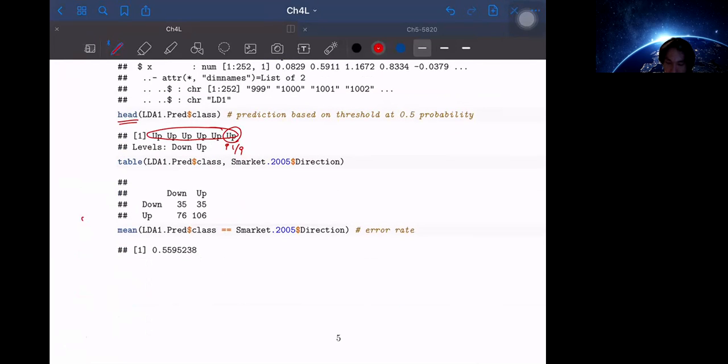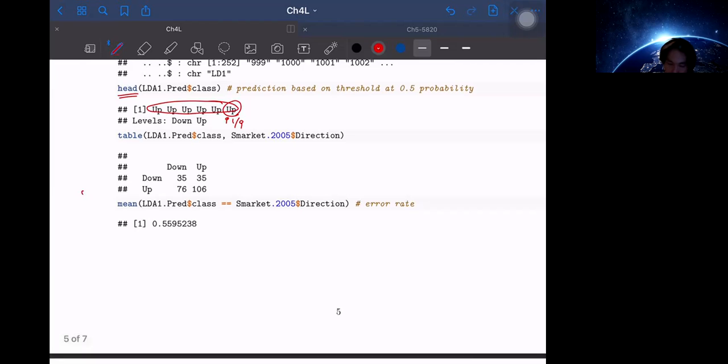So we cannot predict the value for data up to 2004. And using LDA, this is the performance table. This is predicted, and this is truth.